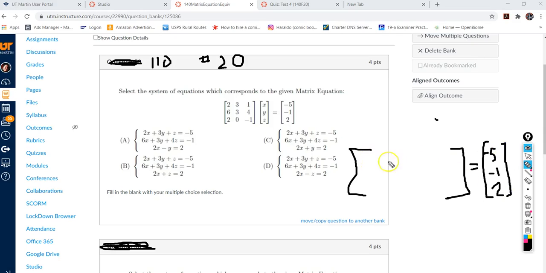Where does the first entry live? It lives in row 1, column 1. So I'm going to take row 1 of this and multiply it by column 1 of that. 2 times x plus 3 times y plus 1 times z: 2x plus 3y plus z.